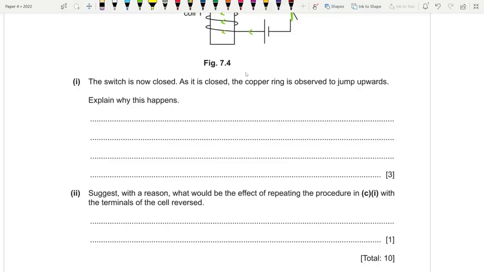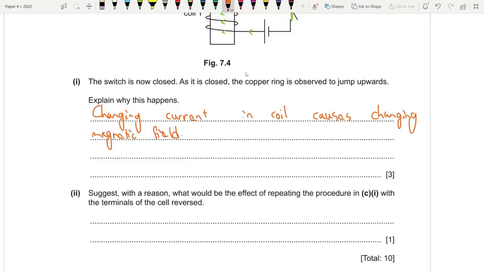So, changing current in coil causes changing magnetic field.